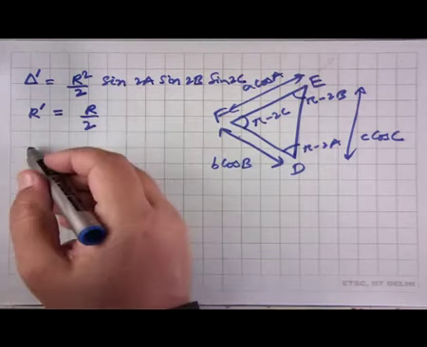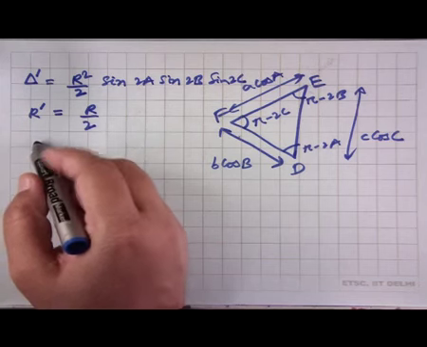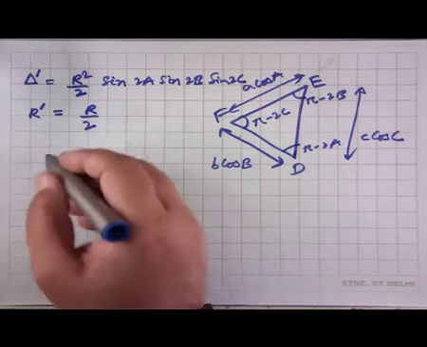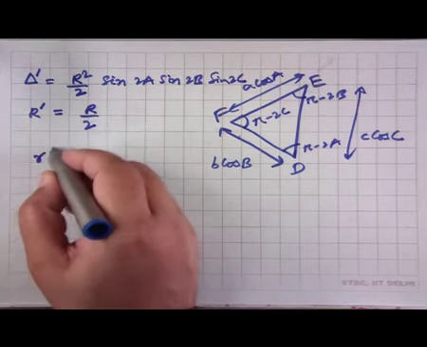And what remained to be shown or derived was the expression for the in radius of the petal triangle. So the in radius of the petal triangle is given by r prime.